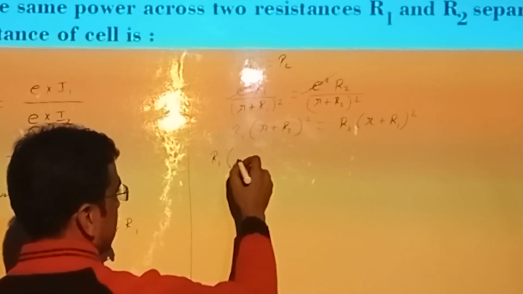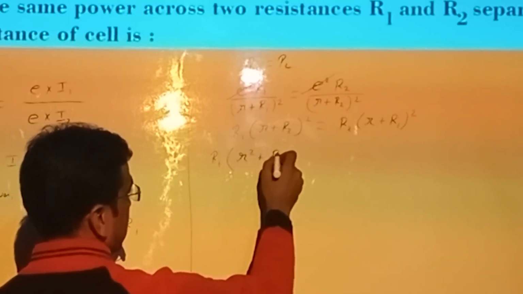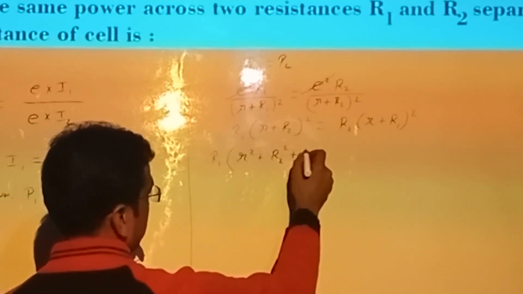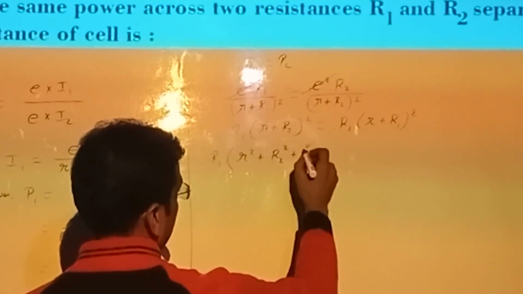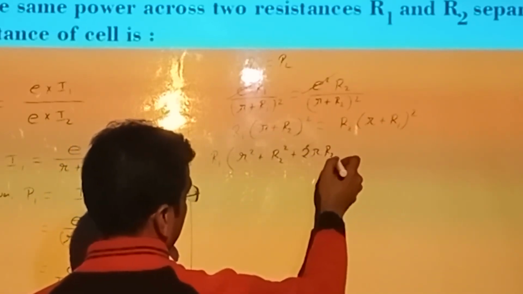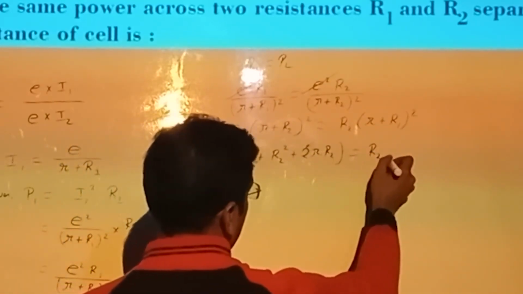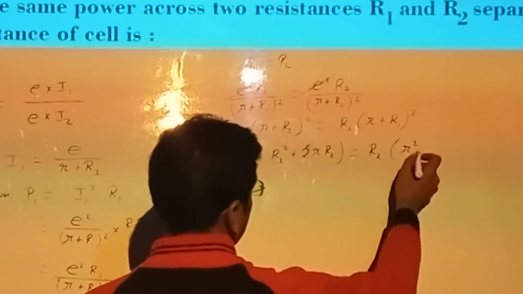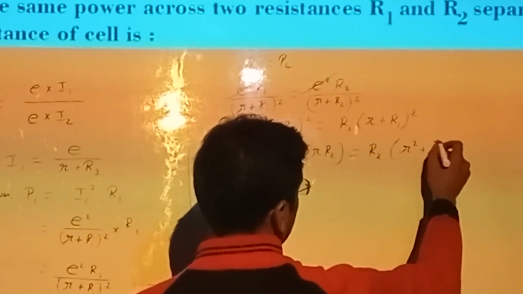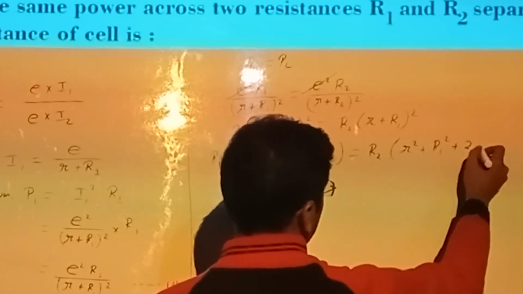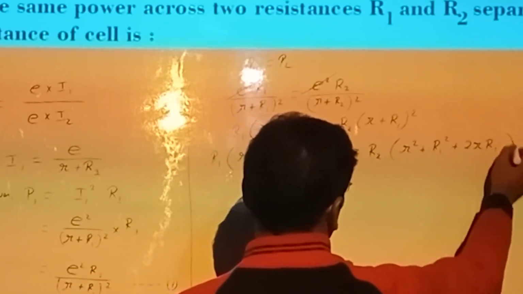Expanding it, R1 times (R square plus R2 square plus 2R R2) equals R2 times (R square plus R1 square plus 2R R1).